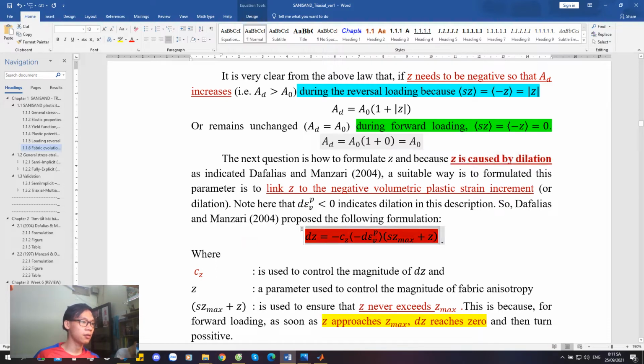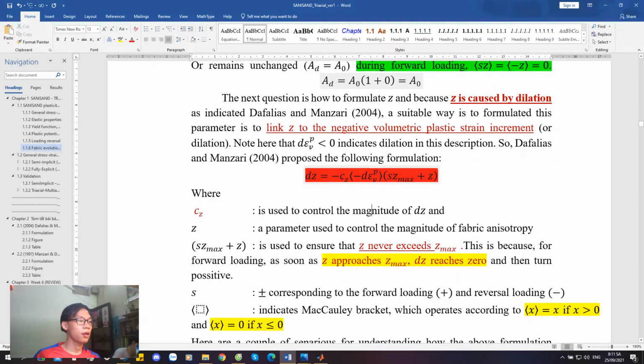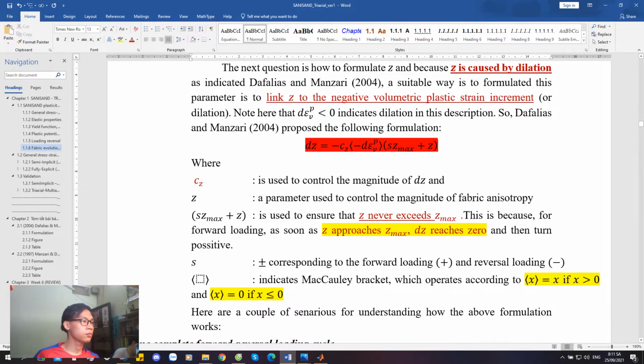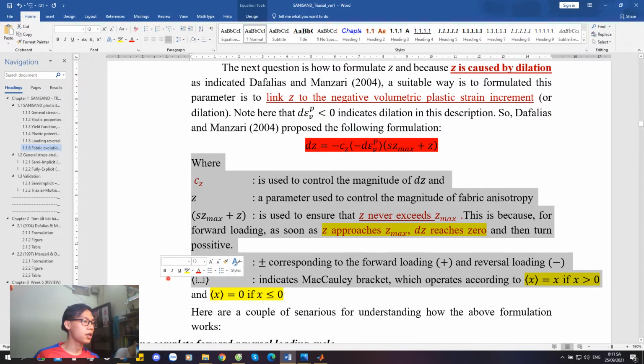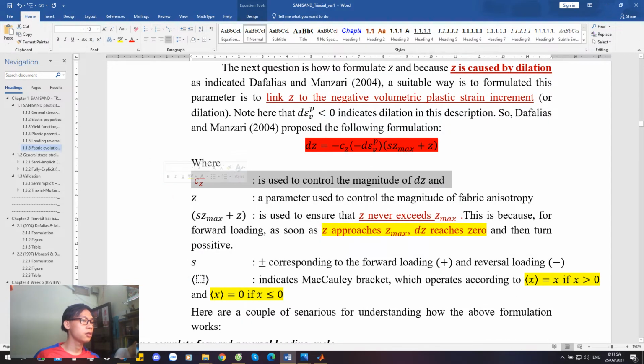So we have the final formulation: dZ equals this. Here we have CZ, Z, Z max. It always makes sure Z never exceeds Z max, because as Z approaches Z max, dZ reaches 0 and stops.